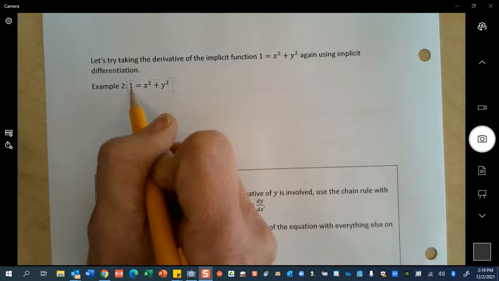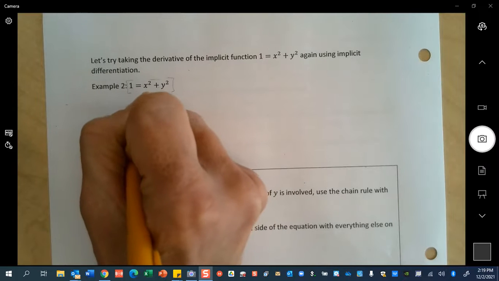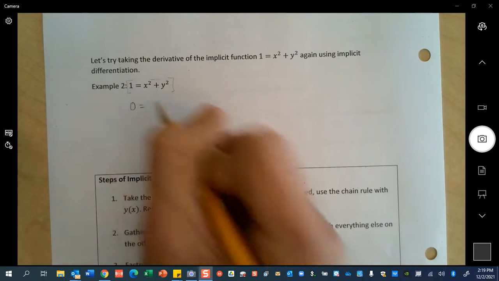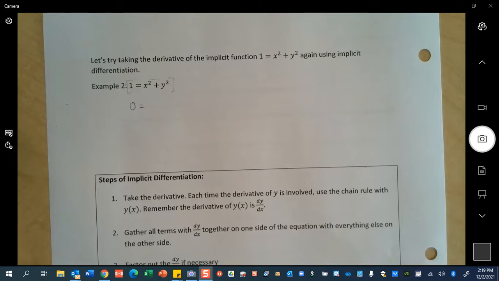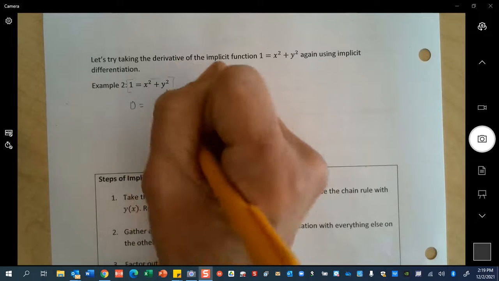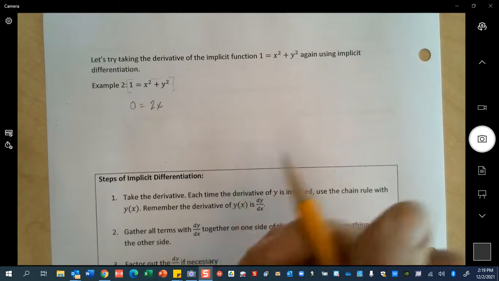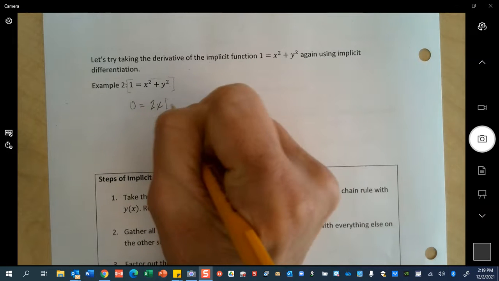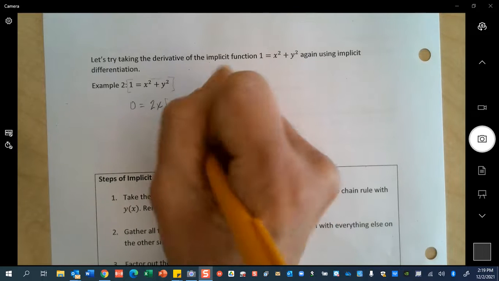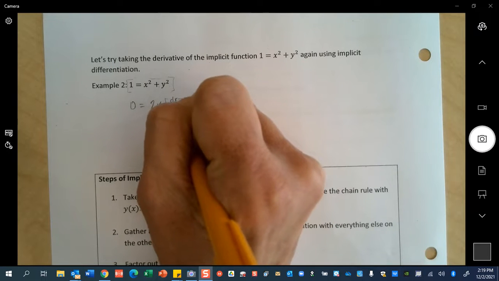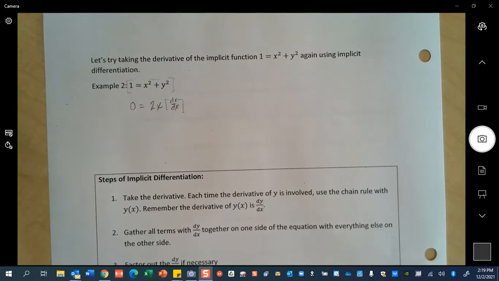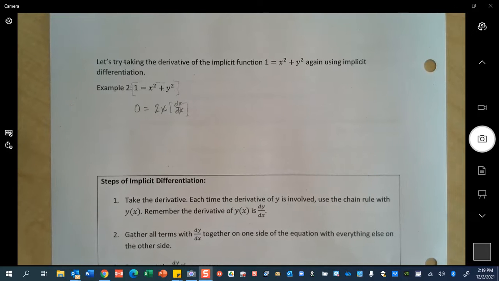So I can go and say the derivative of 1 is equal to 0 because it's a constant. The derivative of x squared is going to be 2 times x. And if I wanted to take the time to take the derivative of that x with respect to itself, I can. But we're very quickly going to realize that's always equal to 1 and not worth writing out.